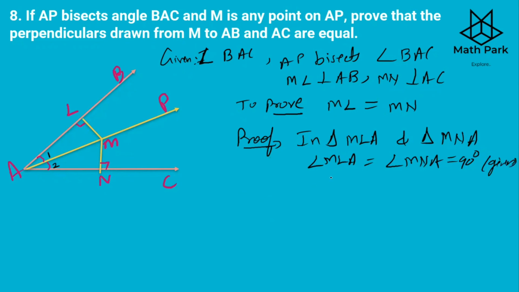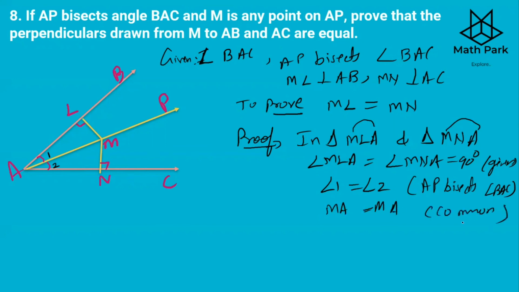The second thing, you have angle 1 is equal to angle 2 because AP bisects angle BAC, and angle 1 is part of triangle MLA and angle 2 is part of triangle MNA. So 1 and 2 are equal. The third thing, you have MA is equal to MA, the common side.